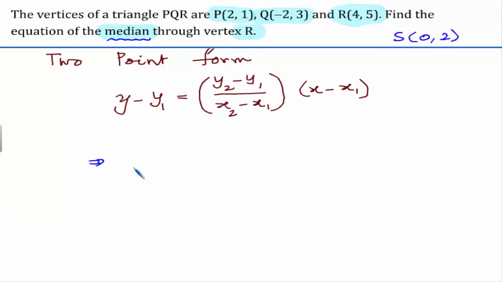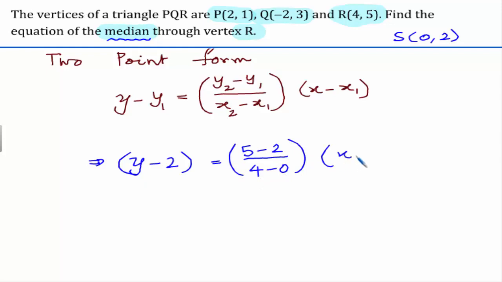Now y minus y1, that is 2, is equal to (y2 minus y1), that is 5 minus 2, by 4 minus 0, into x minus x1, and here x1 is 0.